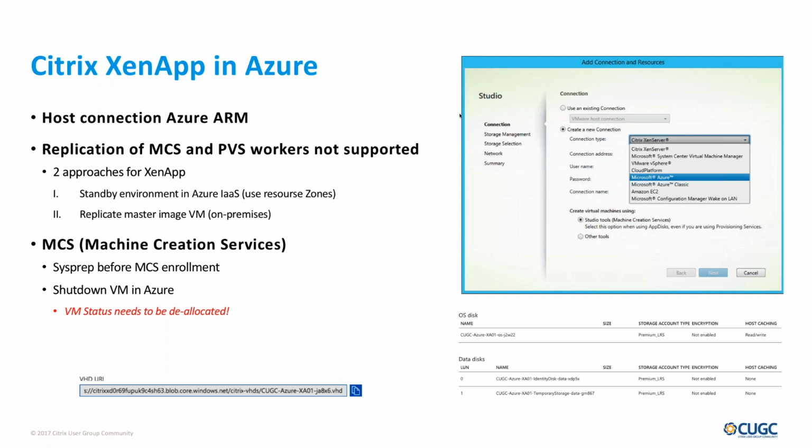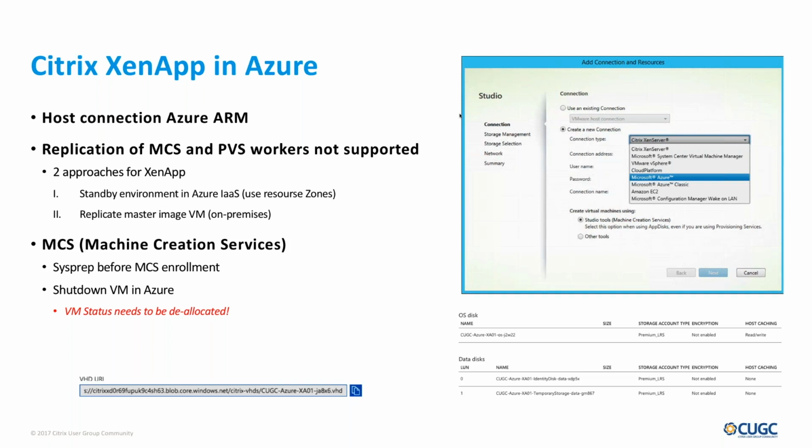Afterwards, you can choose with your desktop delivery controller to activate the host connection to Microsoft Azure, and then deploy the machine catalog based on that replicated master image. I will show you all these steps later on in this session. So stay tuned.